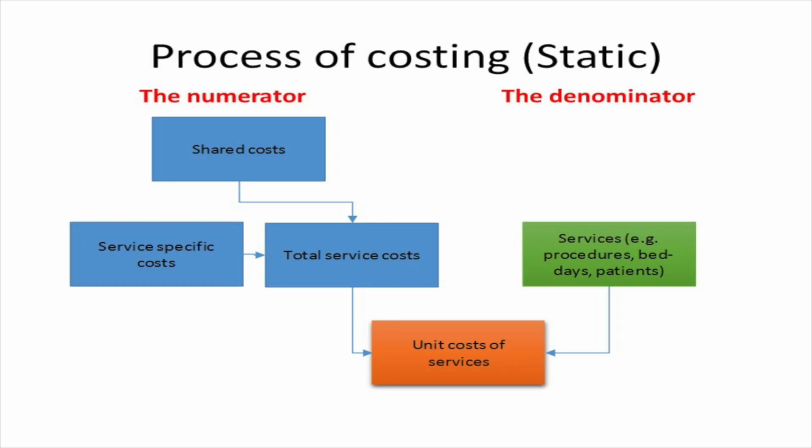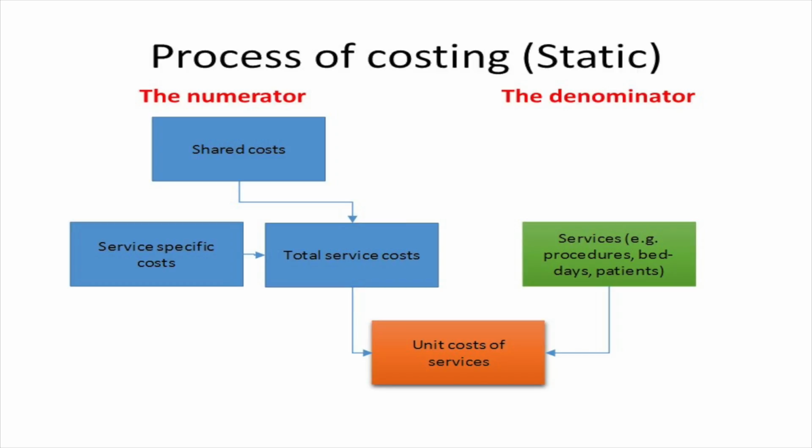Now, in principle, costing is very simple. It's all about a numerator and a denominator. The numerator is the total service costs. They may be costs of individual services, or they may be the global service costs. That's made up of two things, typically.